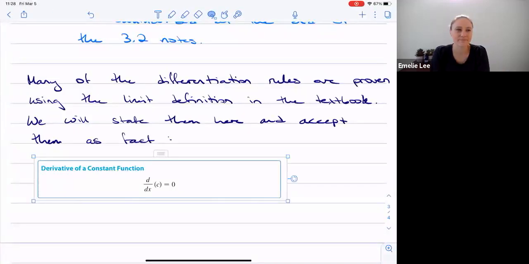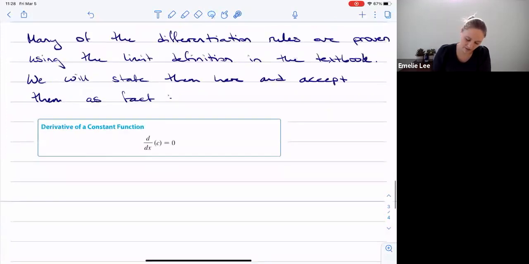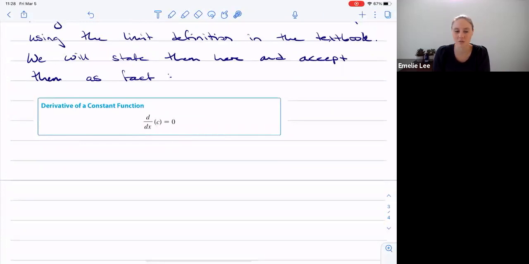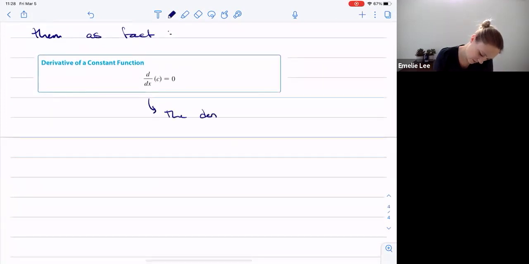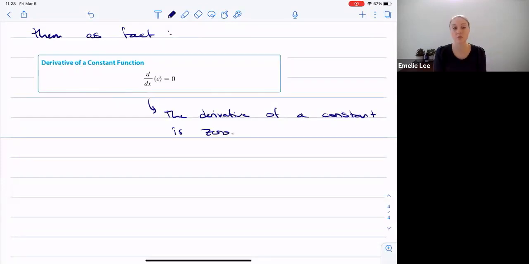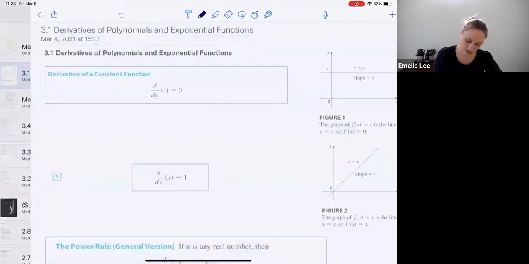Hopefully everyone's on board with that. So the derivative of a constant is 0, which is what we were just talking about. We kind of argued, okay, well, there's no change here, so 0.